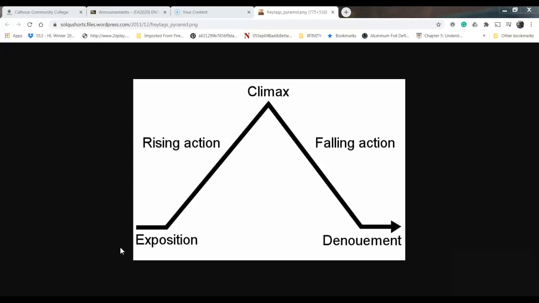And the climax, of course, is when things get as bad as they can possibly get, or as good as they could possibly get. The climax is kind of the peak of the mountain, because everything else after that is downhill. Yeah? It's Darth Vader and Obi-Wan Kenobi squaring off.